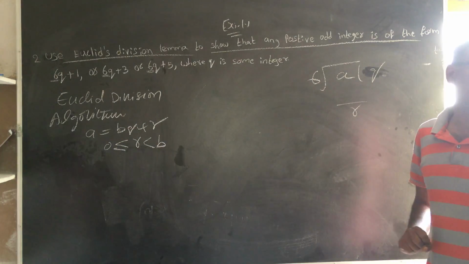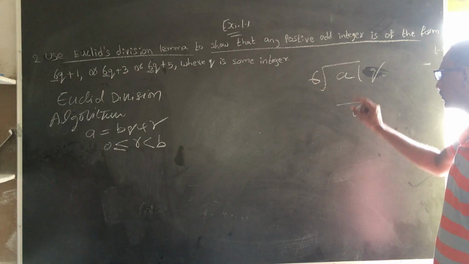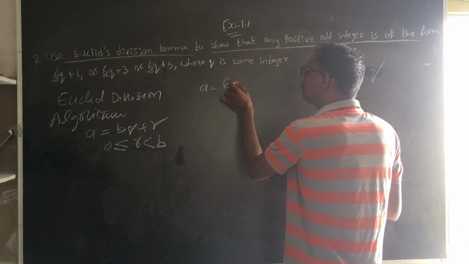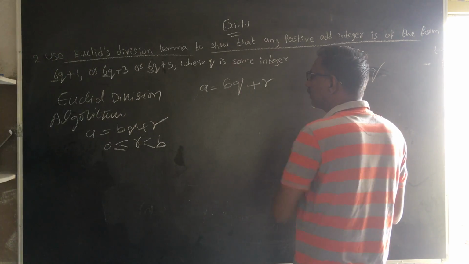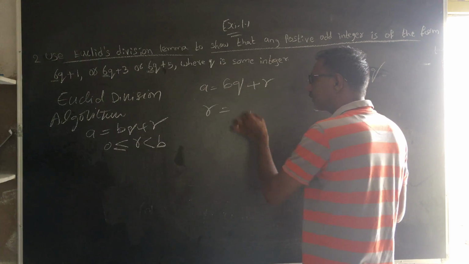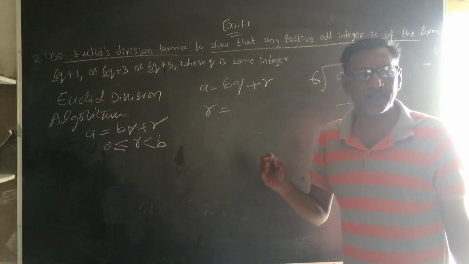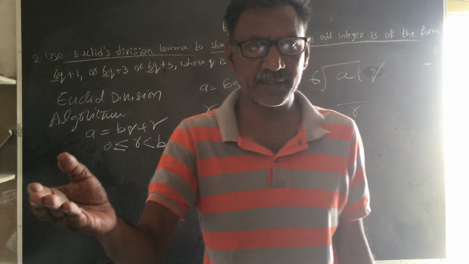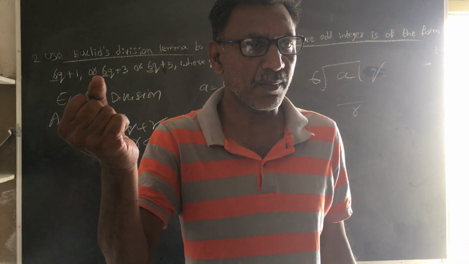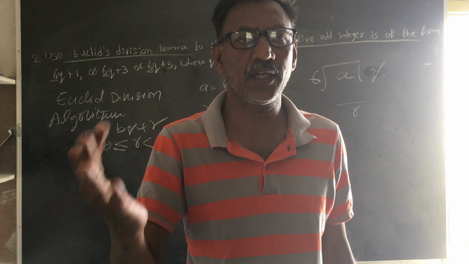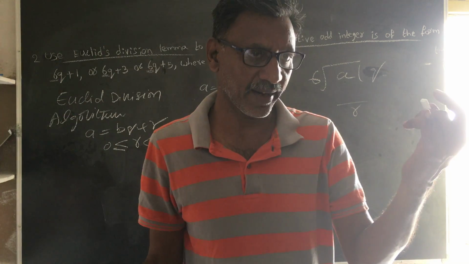By this Euclid division algorithm, a is equal to 6q plus r, and I know the remainders. If any integer is divided by 6, it leaves the remainder 0, 1, 2, 3, 4 or 5, right?